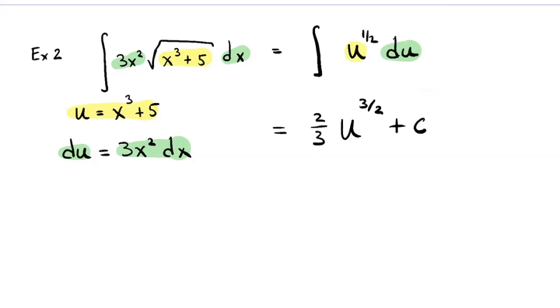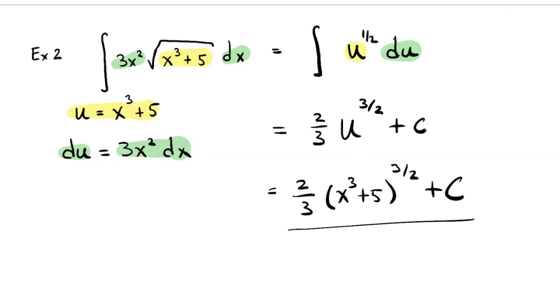And I'm not done, because I want to answer in the original variable. My answer should be in terms of x in this case. The original variable was an x. So the equation that takes you between u and x is your very first substitution. So I'm just going to write here 2/3, and then I have x cubed plus 5 to the 3/2.